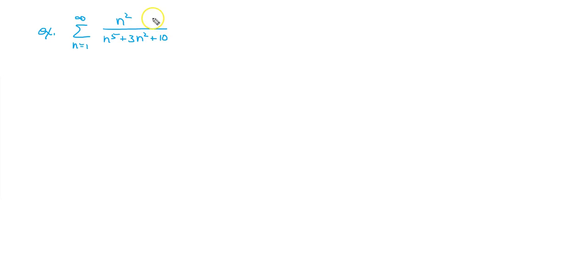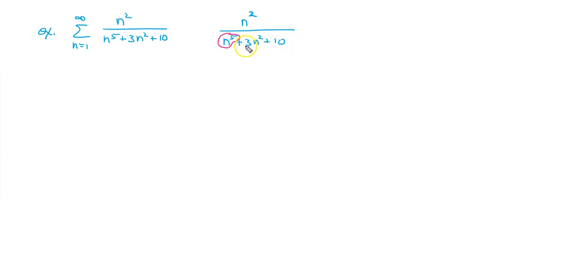So if we consider these terms here, notice that when we use limit comparison, we want to try to determine another series to compare these two. So if we consider our sequence values here, the a_n's, you notice that for n sufficiently large, the n to the 5th dominates the denominator.